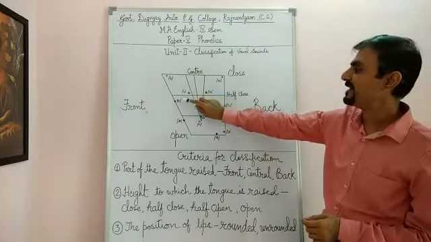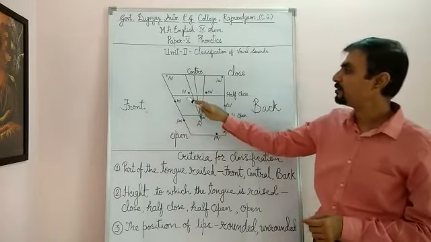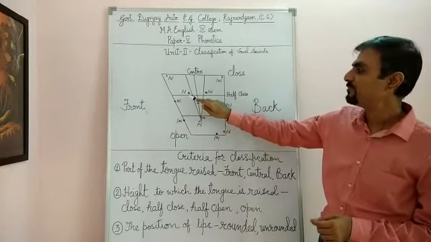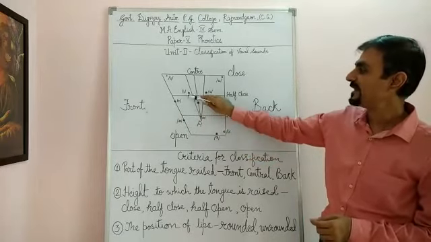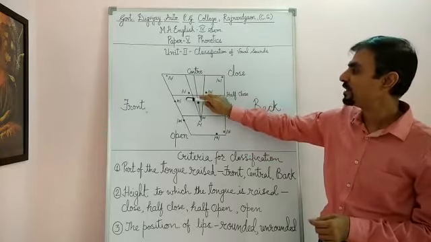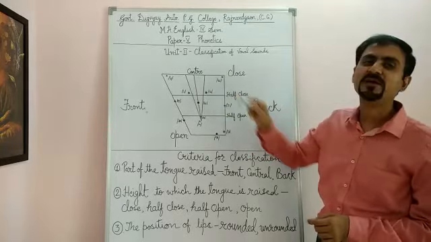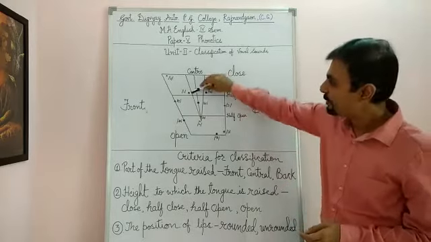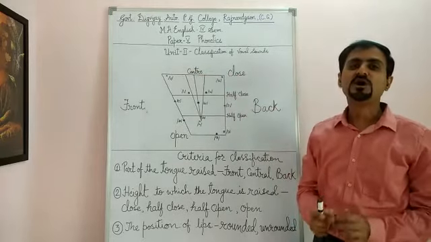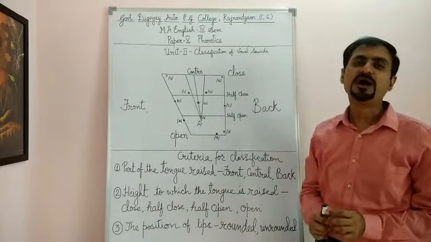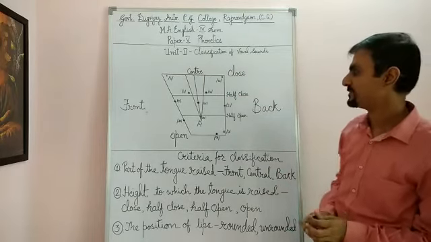E can also be defined as a front, unrounded vowel in which the front of the tongue is raised against the hard palate towards the line half close, just above the half close. These points are the places of occurrence or places of articulation of all these vowels.